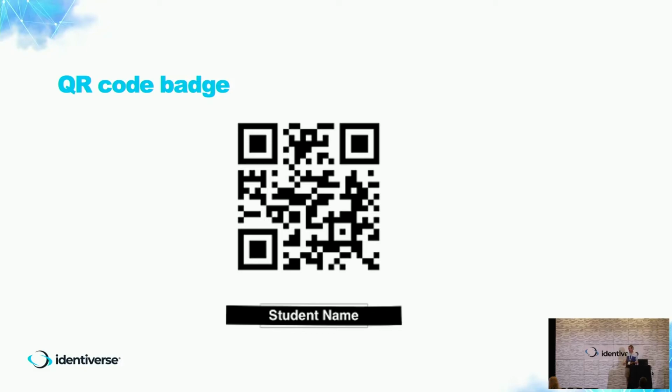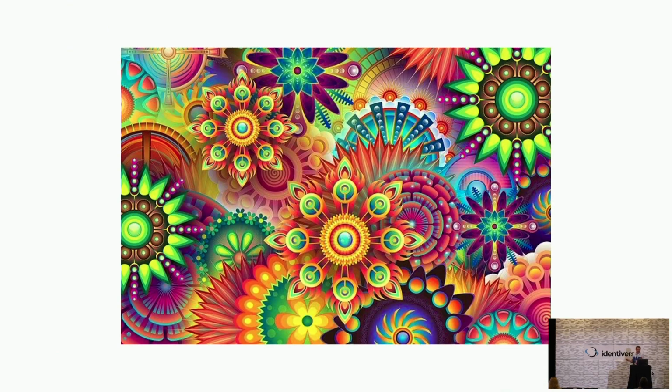And again, this works because the accounts are relatively low value. If someone steals a kindergartner's login information, I think they have bigger problems. But it was an interesting exercise in how do you solve this problem for this user that is not a typical kind of user, right? Most users that we interact with in the IAM space are actually literate.